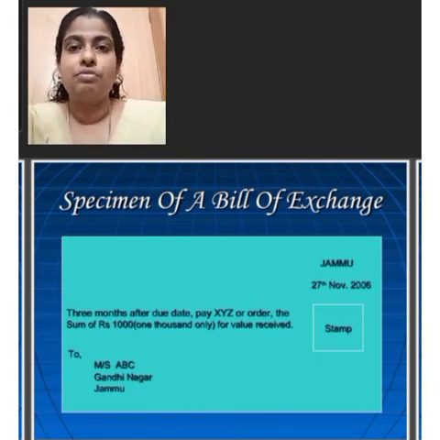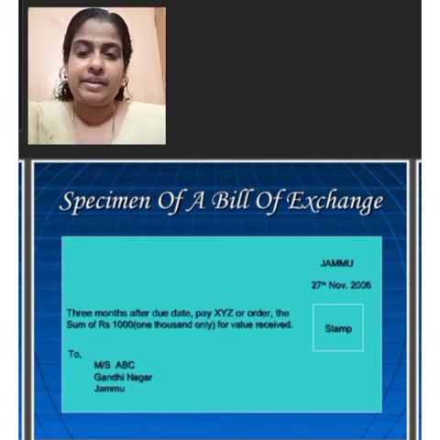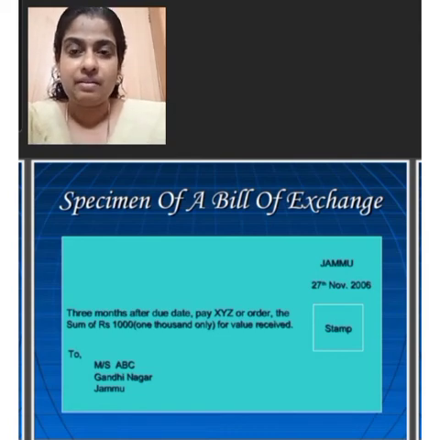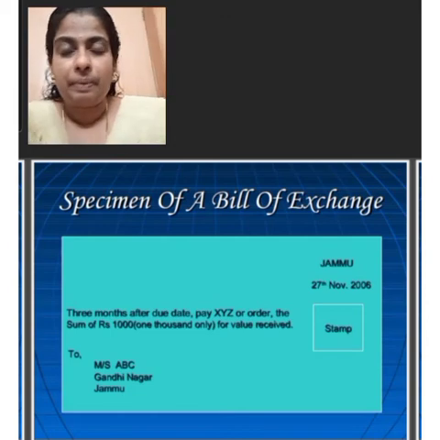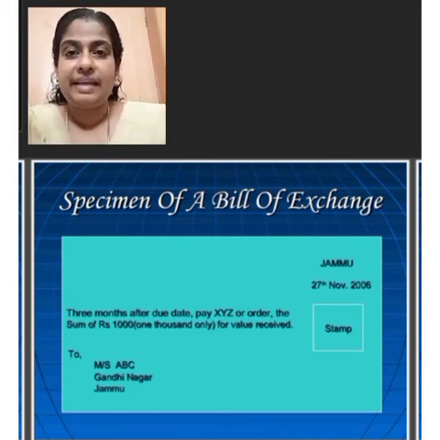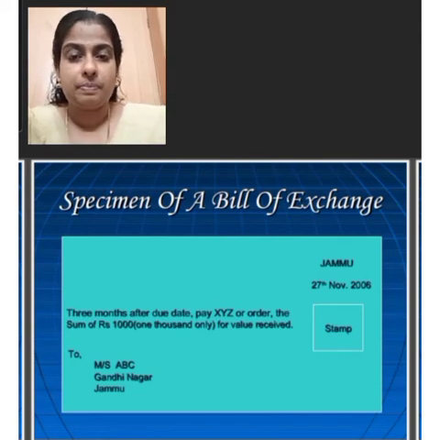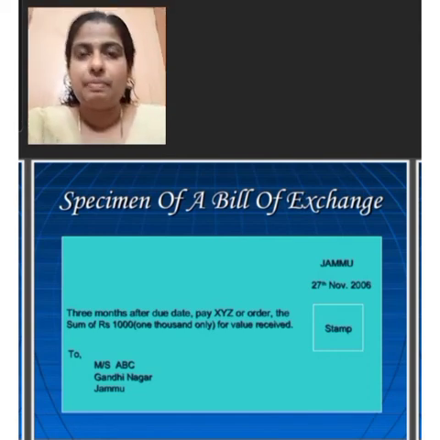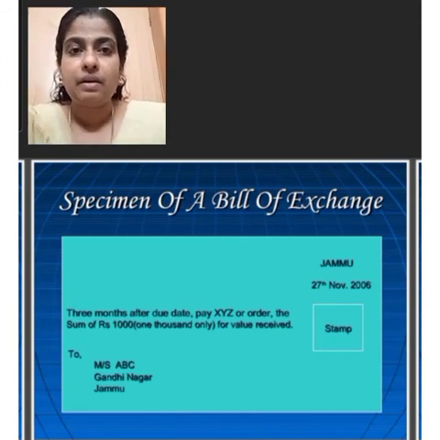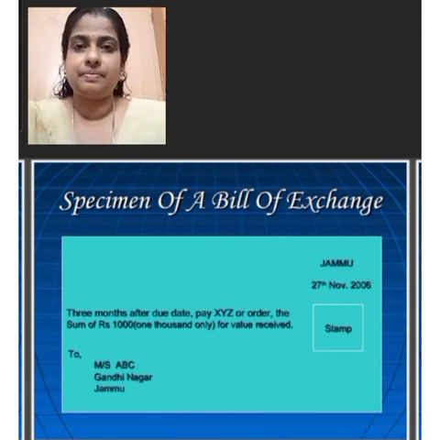The payment of the bill of exchange should be made within a specified date. The payment to be made must be certain. The date on which the payment is made must also be certain. The bill of exchange must be payable to a certain person.